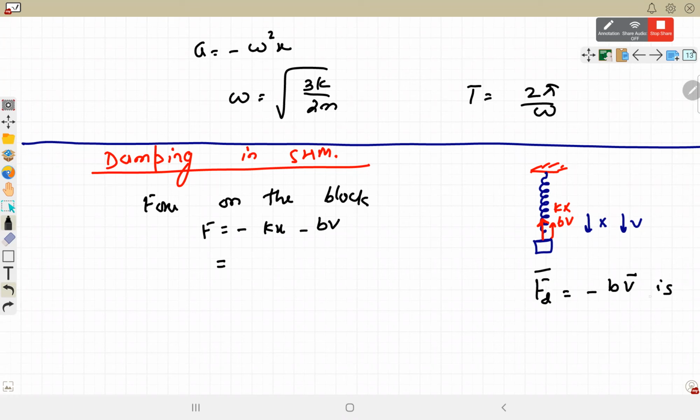F is equal to minus bv, called the drag force or damping force, and b is called the damping constant or drag constant.